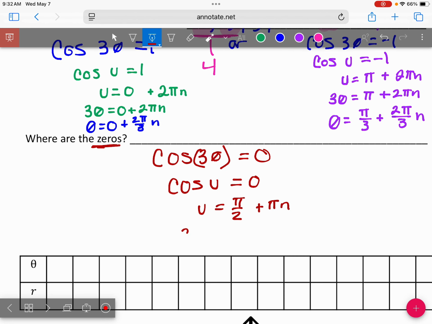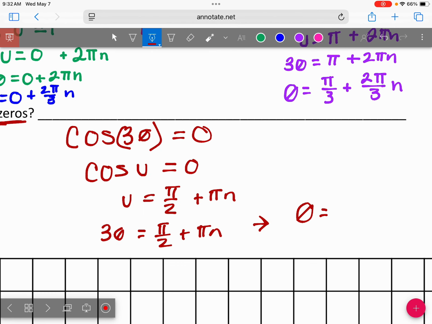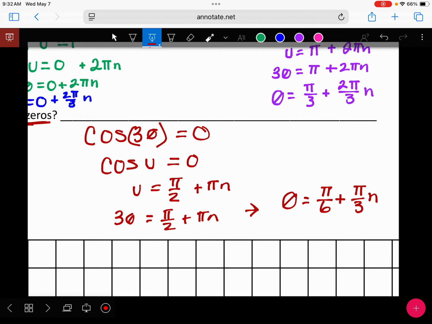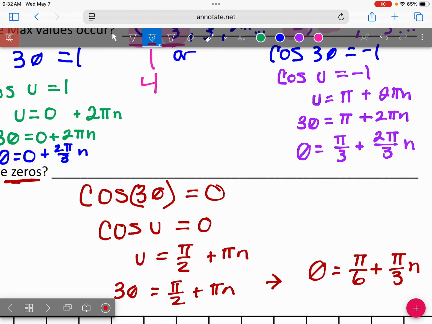So if we have our 3 theta equals this, where are we going to get zeros? What is our theta going to be? Yep. So our zeros are going to happen at our pi over 6.